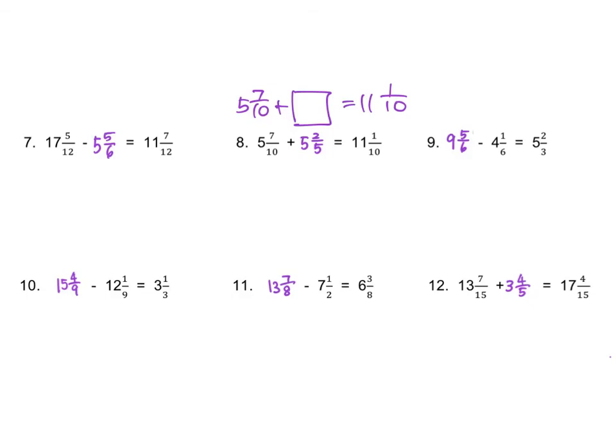In order to make things easy, I can just minus 5 whole and 7 out of 10 on both sides. Then I will have 11 minus 5 will give me 6. Then after that I will have 6 whole and 1/10.